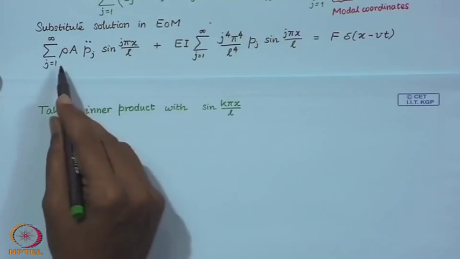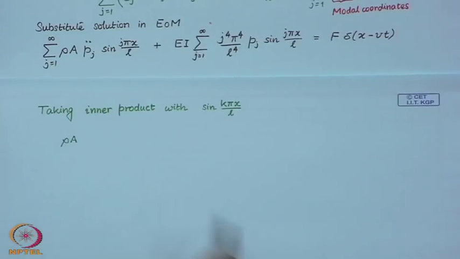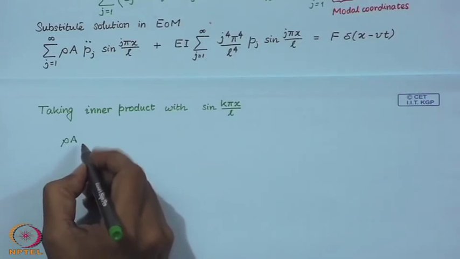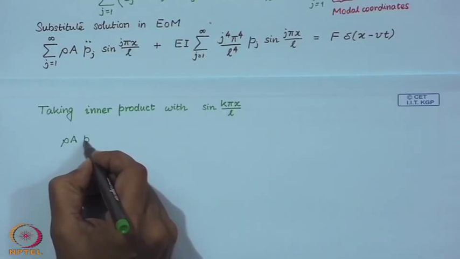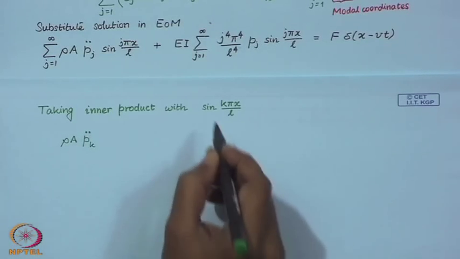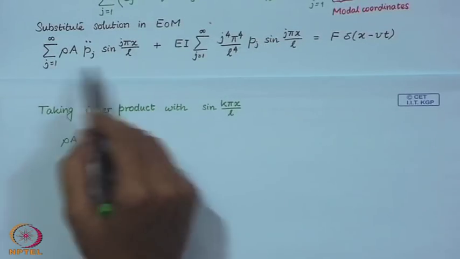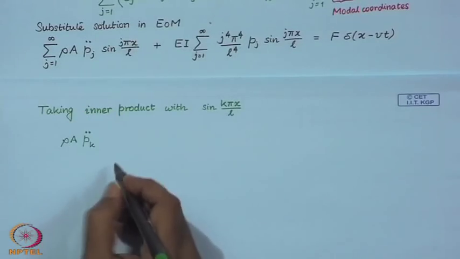So, we multiply this equation with sin k pi x over L and integrate over the domain of the beam, which is from 0 to L. Now, on account of orthogonality, taking this inner product is going to filter out the kth term in this expansion.